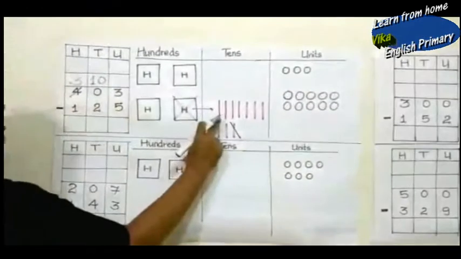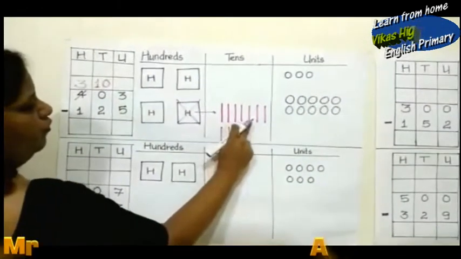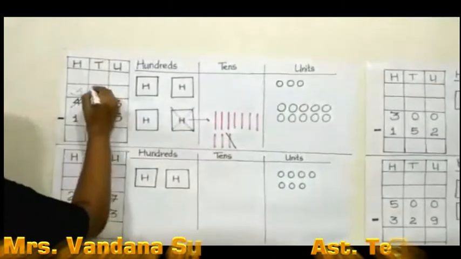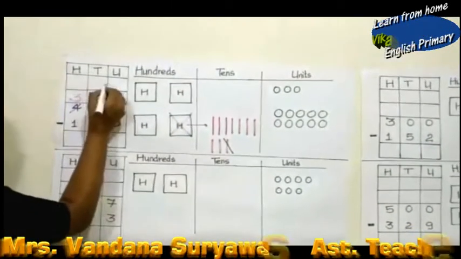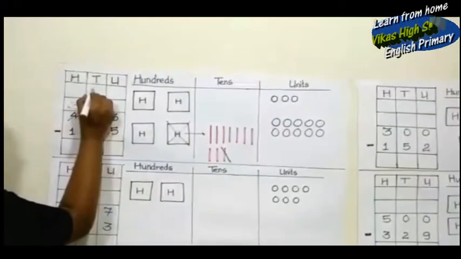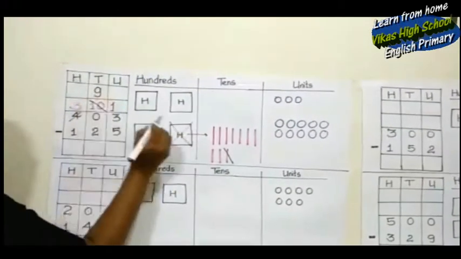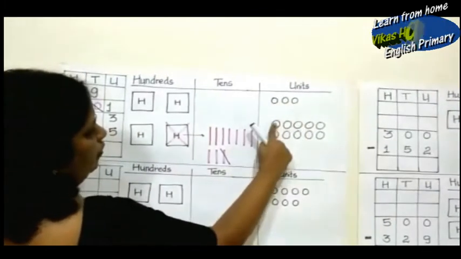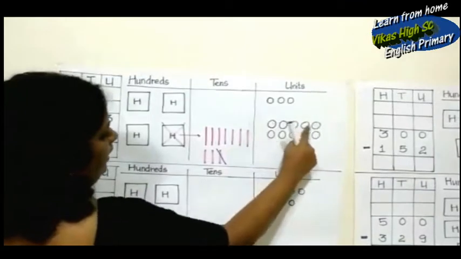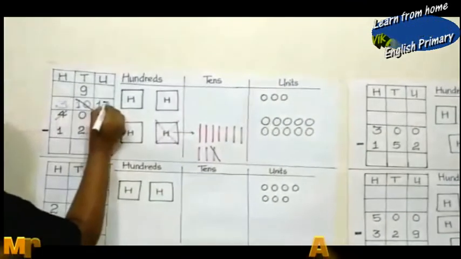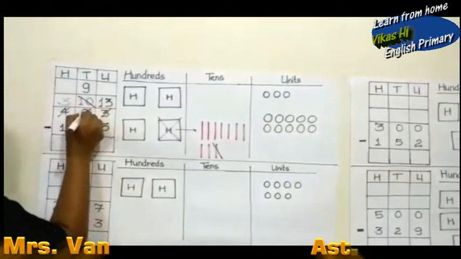And here remains 1, 2, 3, 4, 5, 6, 7, 8, 9. So 9 tens. So from this 10 tens we borrowed 1 tens, and here remains 9. So when we count together 1, 2, 3, 4, 5, 6, 7, 8, 9, 10, 11, 12, 13. So it is 13 units.